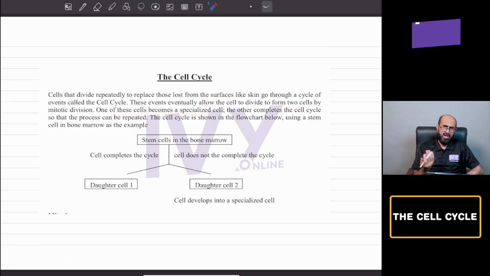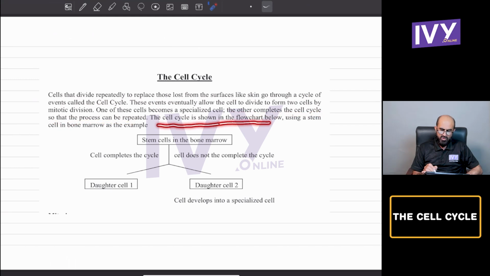Maybe both of them are stem cells, and in the second generation they may become specialized, or maybe in the third generation. But at some time in the cycle, some of the cells become specialized, while the rest remain stem cells. The others complete the cell cycle so that the process can be repeated.